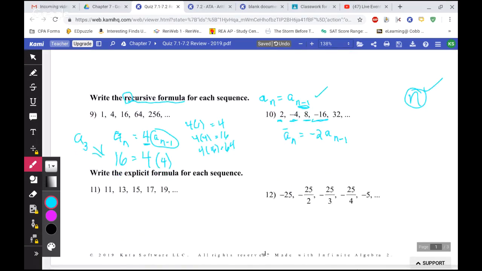All right. Now, with an explicit formula, those are where you have A sub n equals, and then on the right side, instead of it having to do with the previous term, now we're going to have this n that we talked about, which means it's the place where it happens in the sequence.